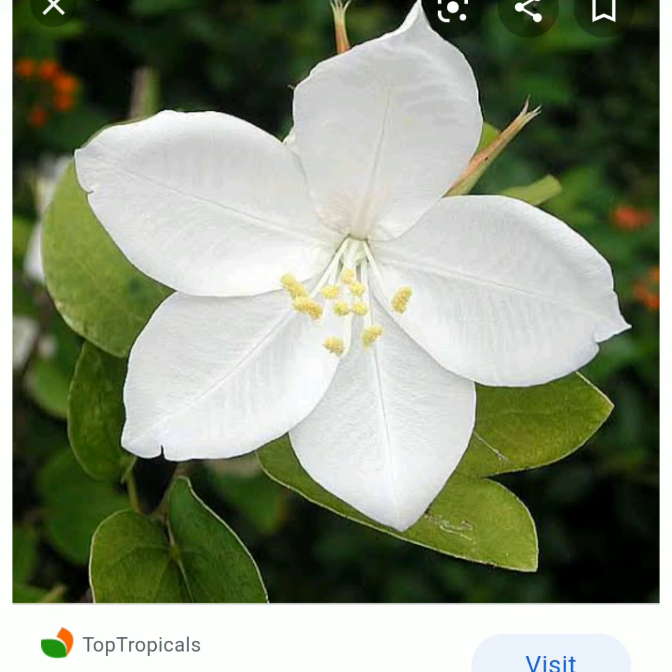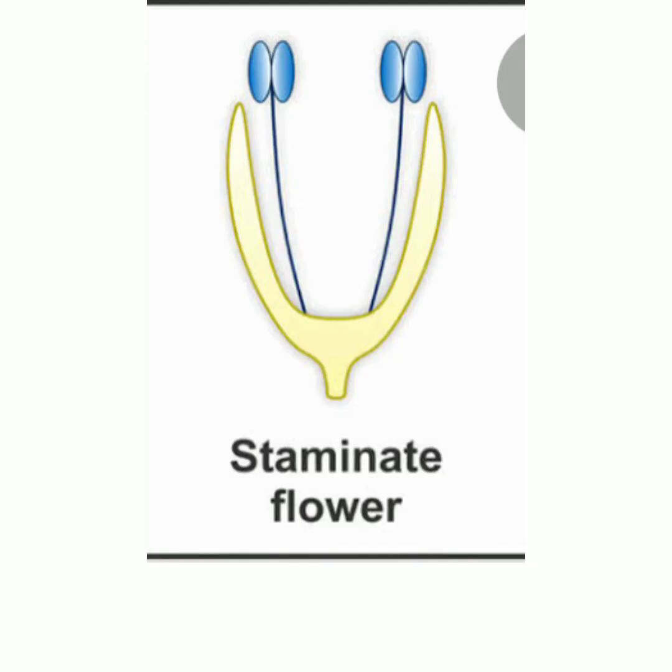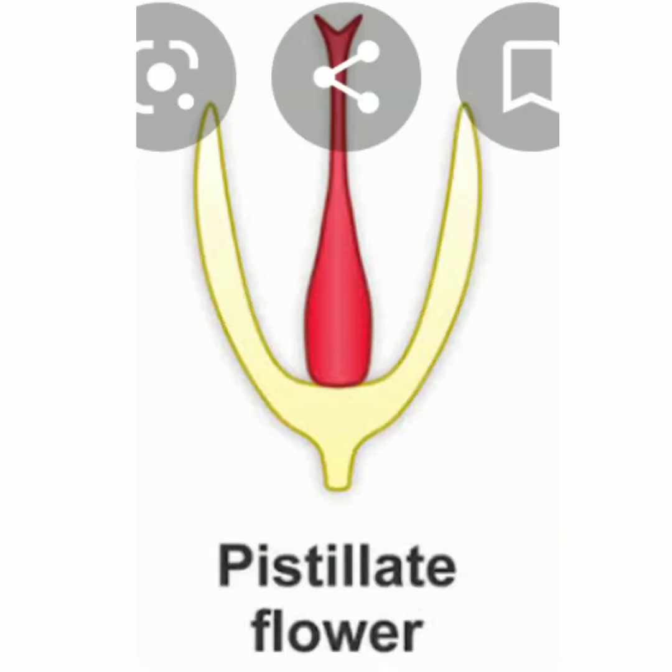In some plants, flowers have only androecium. They are male flowers. There is no pistil or gynoecium. In certain other plants, only gynoecium or pistil is present. They are female flowers.